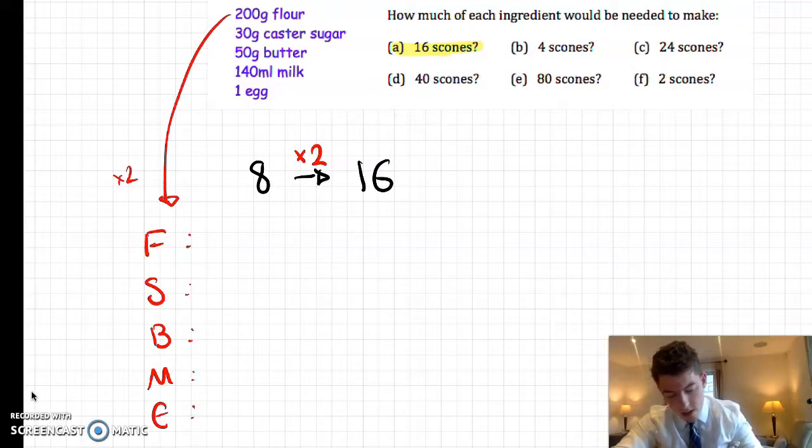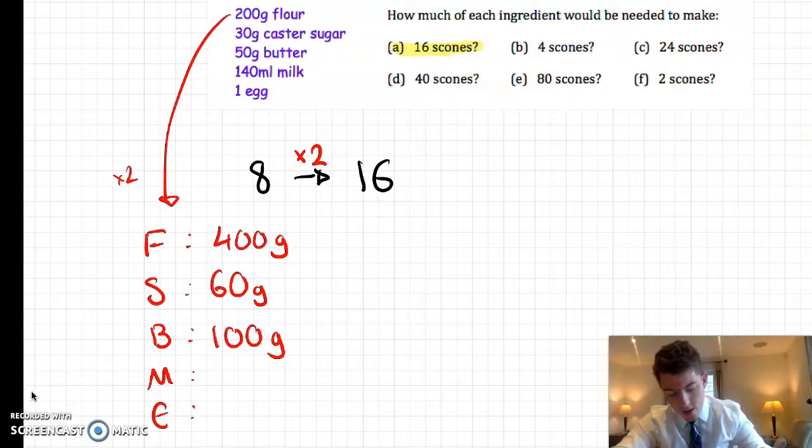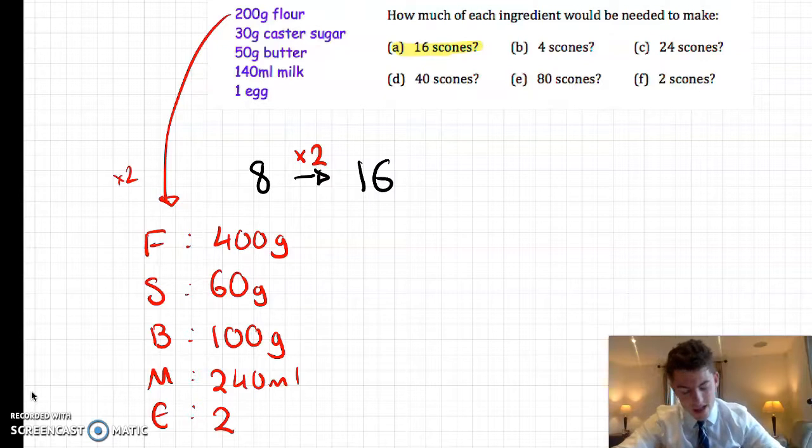So for 16 scones, we need 400 grams of flour. We need 60 grams of sugar. We need 100 grams of butter. We need 240 milliliters of milk. And we need, well, 1 times 2 is 2 eggs.